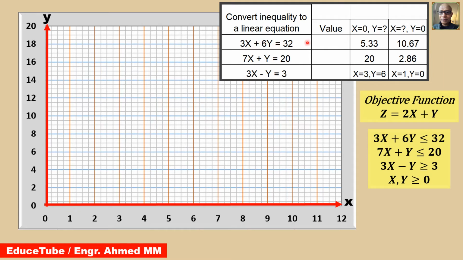So if y equal to 0, then x equal to 32 by 3, it comes 10.67. Again for x equal to 0, then y will be 32 by 6. It is 5.33.